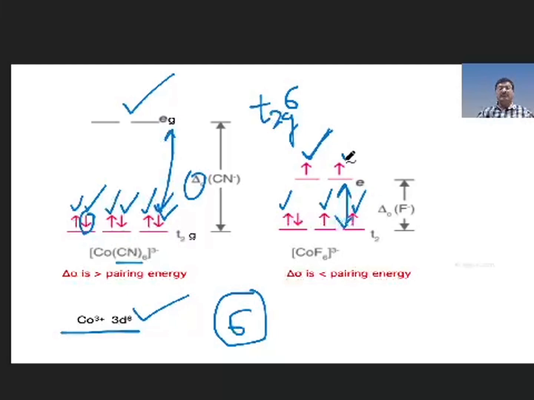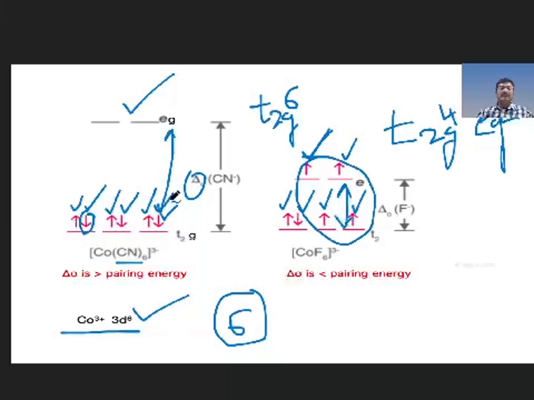The fifth electron is also in the eg level, and the sixth electron will go to t2g pairing. That means here the electronic configuration is t2g4 eg2. This compound has a total of 4 unpaired electrons, and the other compound has 0 unpaired electrons.